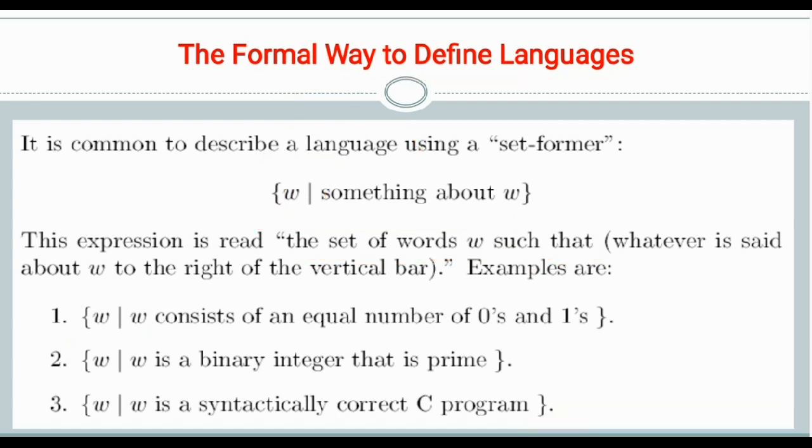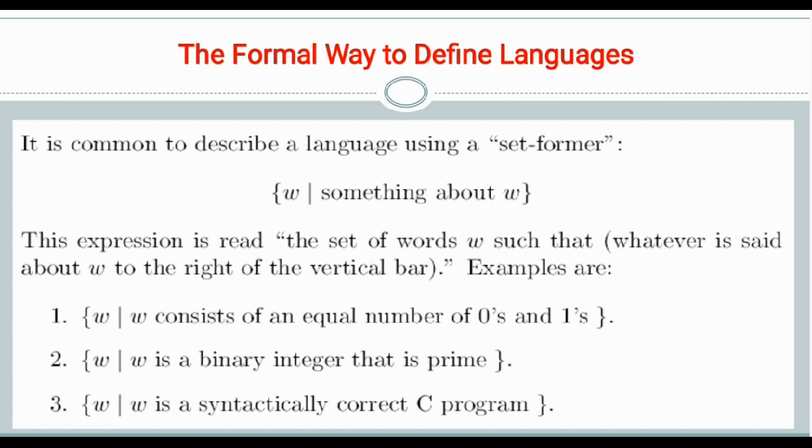Here I am having w and I am saying something about w. You can go through the examples so that you have a clear idea. The first example: w / w consists of an equal number of zeros and ones.